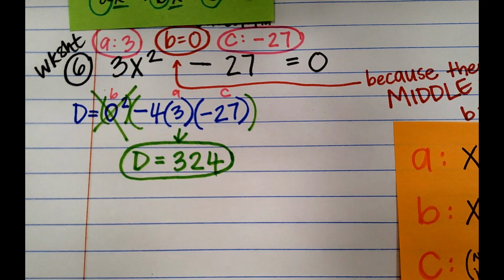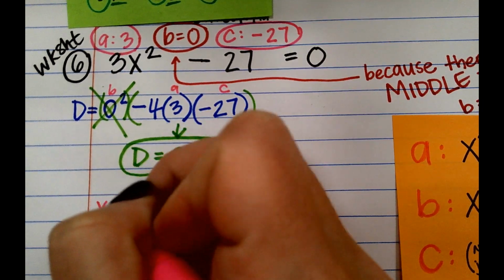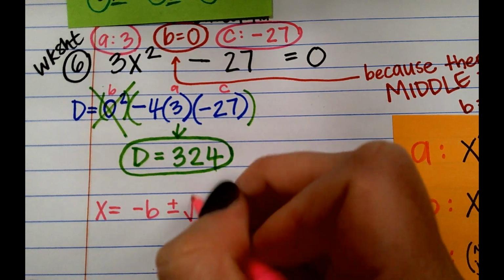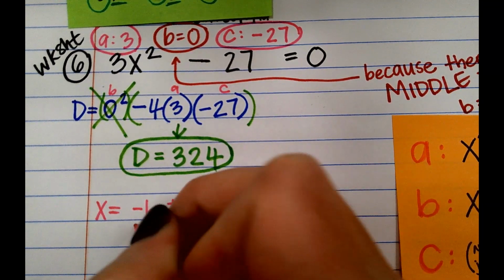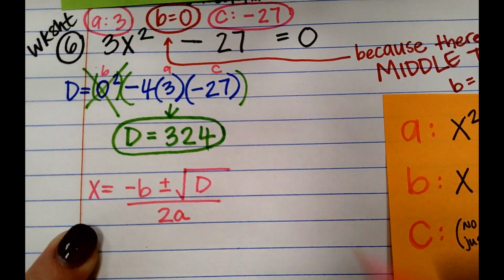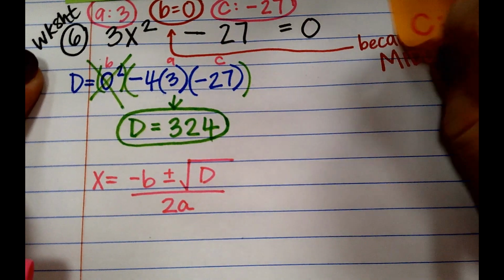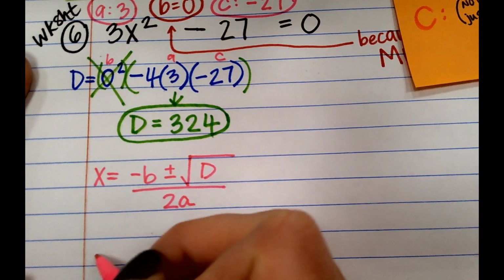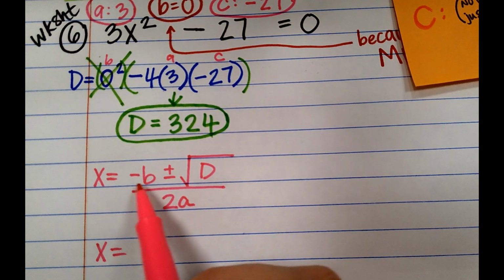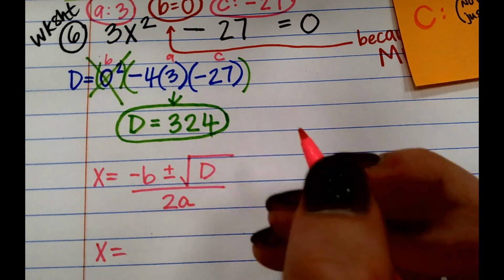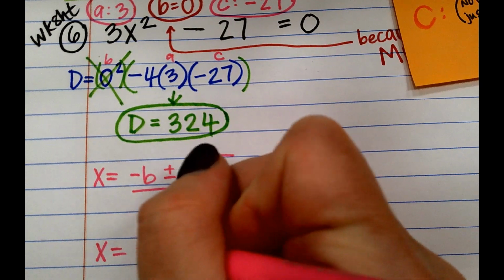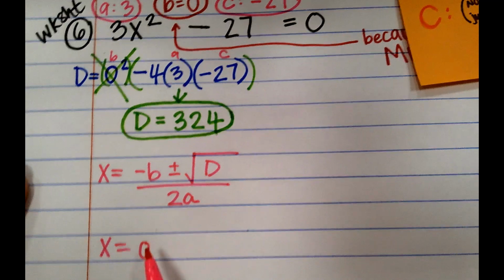x equals negative b plus or minus the square root of d, good, all over 2a. So here's my quadratic. And it's 18. Let's see, x equals, negative b is just 0. Negative 0 is 0. So, 0. Then what?